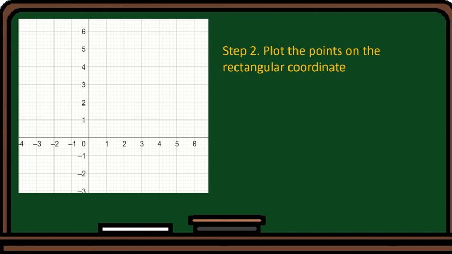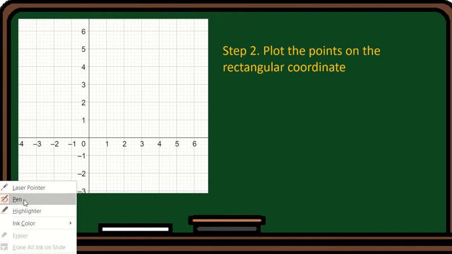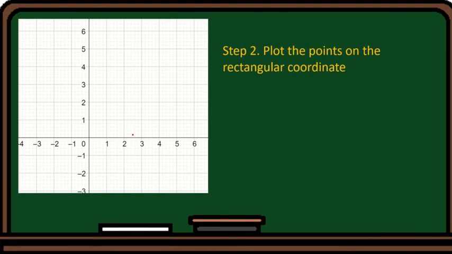Here is 3 on your x-axis, positive. Then your y is 5, so here is your point. Then the second is negative 3 and 3. The x is negative and the y is positive, here. Then next, we have 6 and 6.